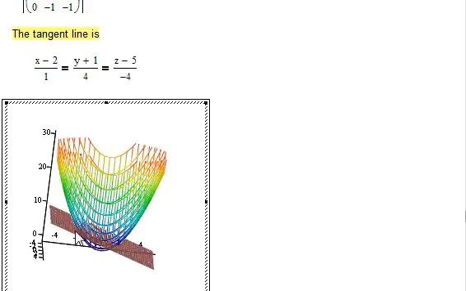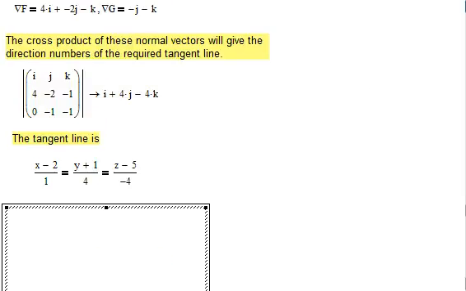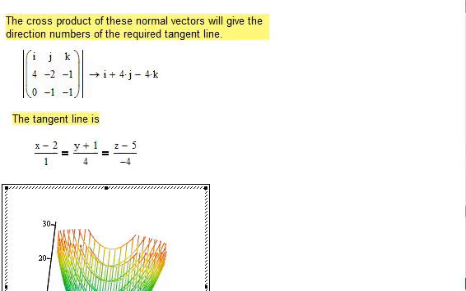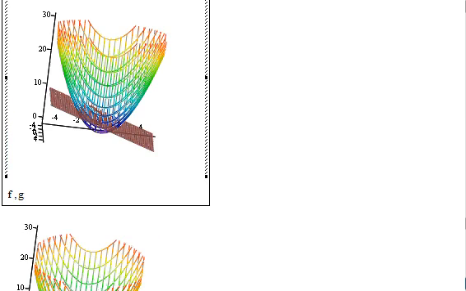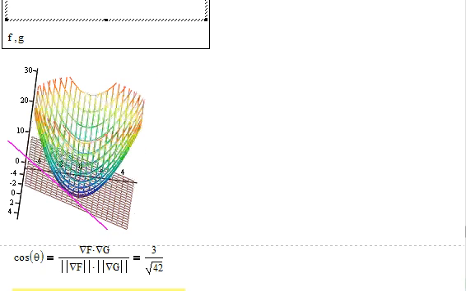We can find the tangent line to the intersection of those curves. And so that's what we did, as a matter of fact. And here is the equation of that tangent line. Well, we found the equation of the tangent line, and there it is drawn in purple.